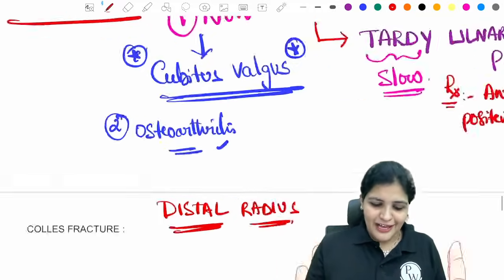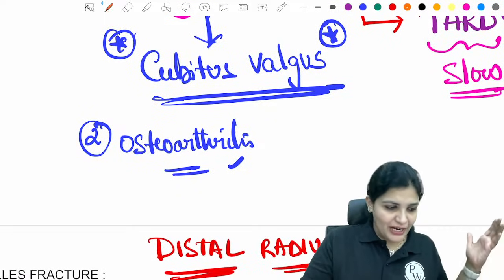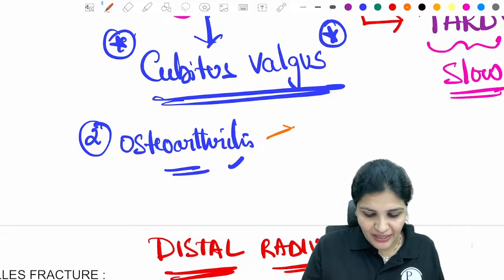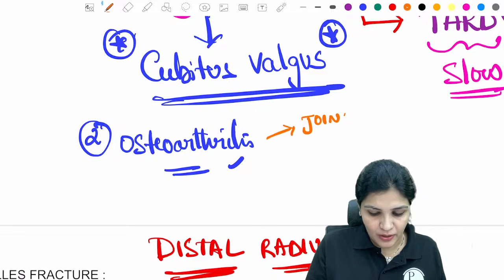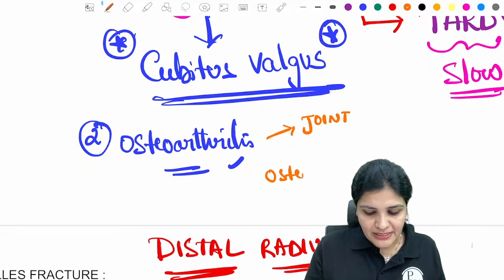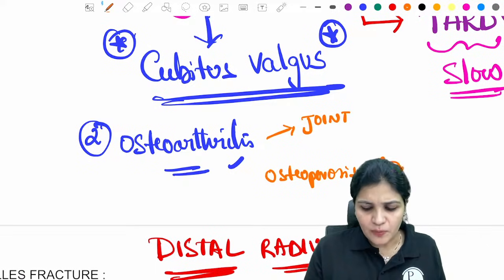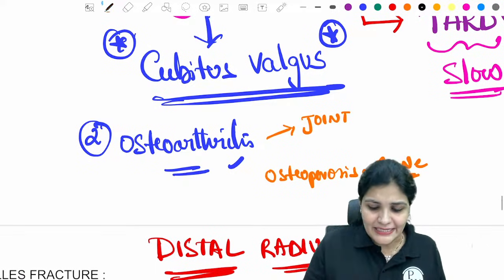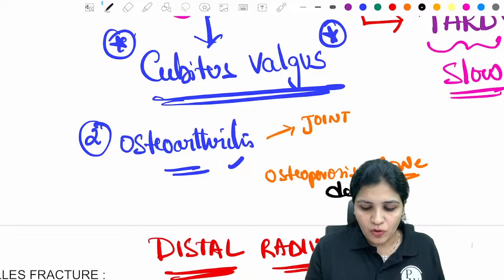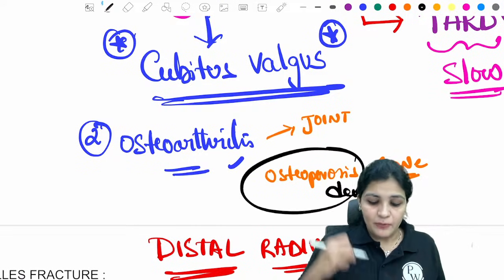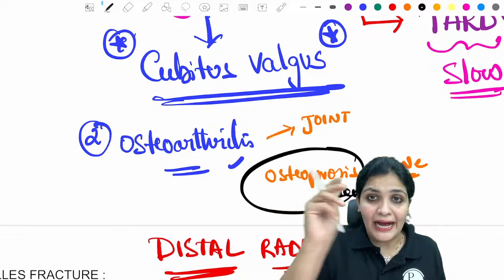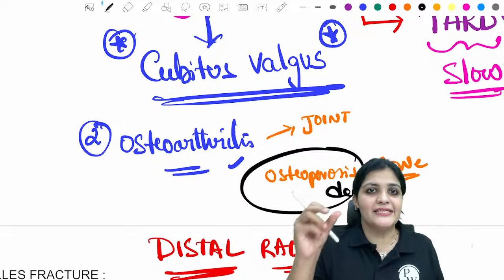The basic difference between osteoarthritis and osteoporosis: osteoarthritis is something related to the joint, and osteoporosis is something related to the bone, right? Whenever you're talking about bone density and bone quality, you talk about osteoporosis. But when you're talking about the joint, arthros is joint, itis is inflammation.